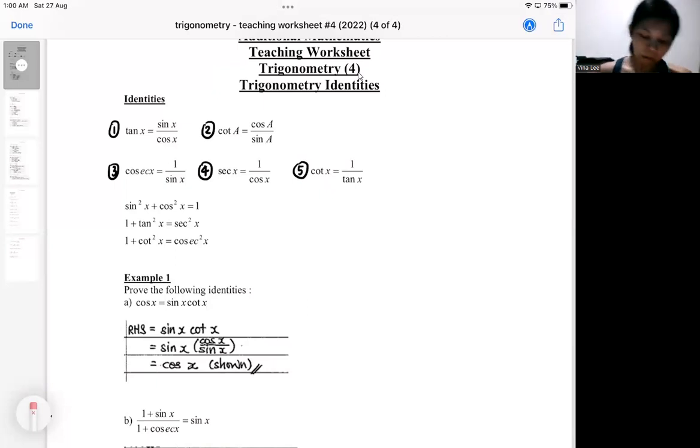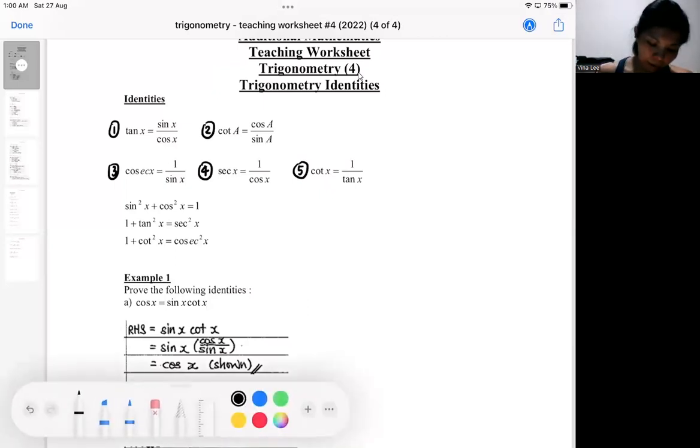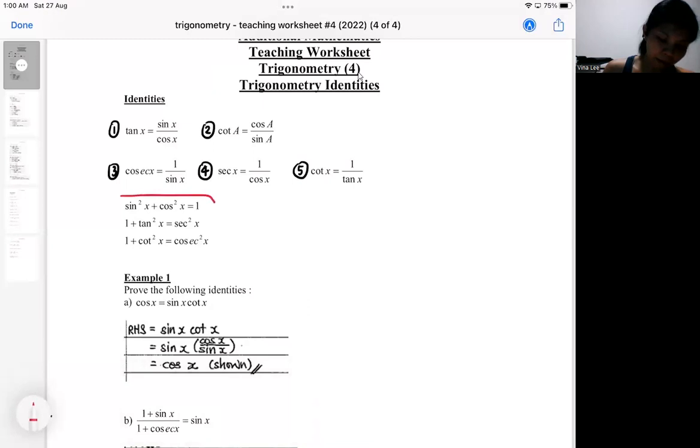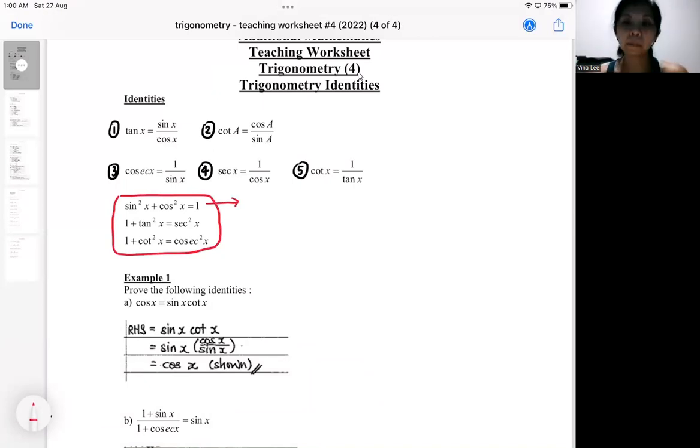The next block is the one that is given in the exam list. And these formulas are manipulatable. That means you can manipulate, you can reshuffle. I think in trigo teaching worksheet number 3, where you learn trigo equation, I did mention you can actually manipulate.